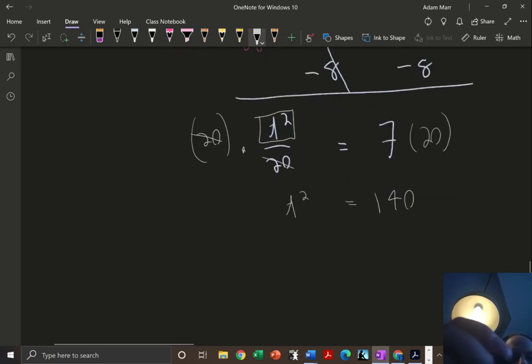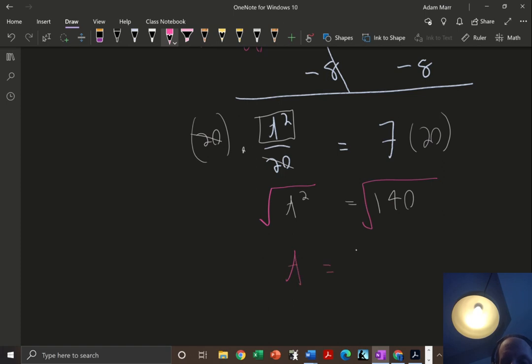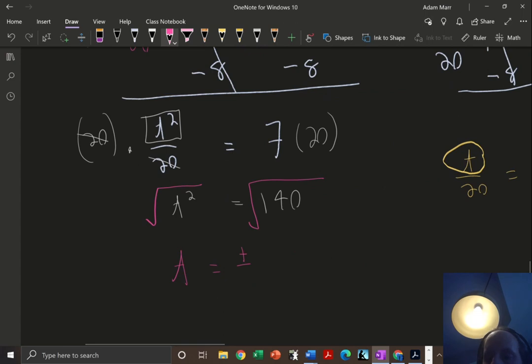No problem. Now I'm going to take the square root of both sides. t equals plus or minus. Now 140 I can actually break down. So square root of 140. Sometimes I like doing these on the side just to make it neater. Two numbers that multiply to be 140: you might think of 14 times 10.